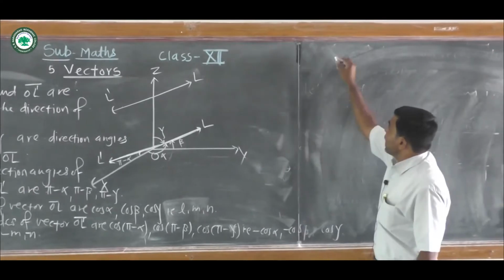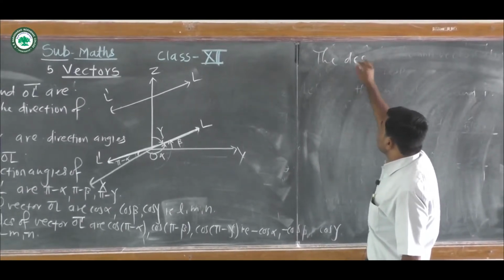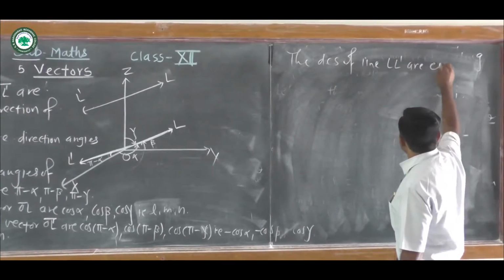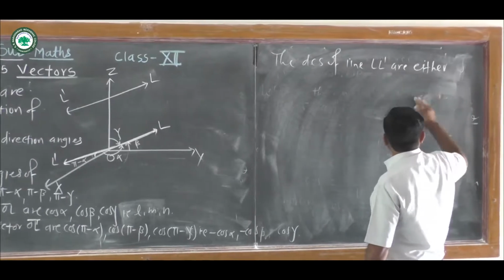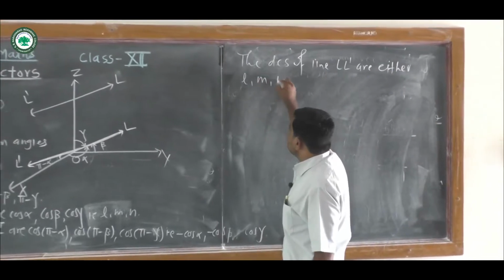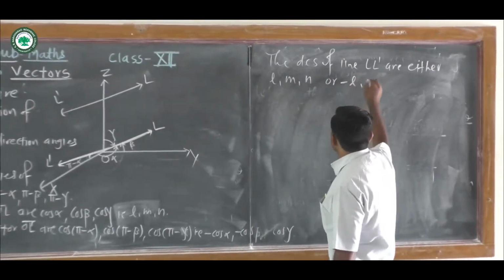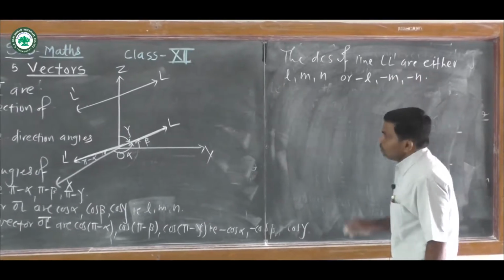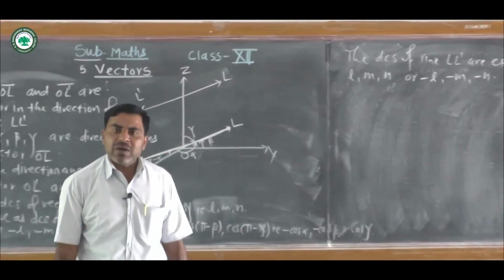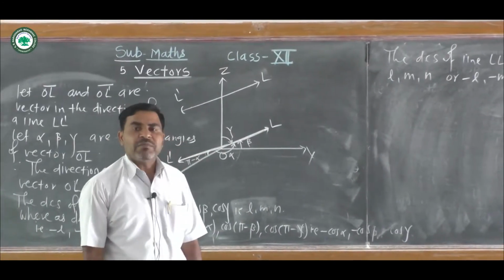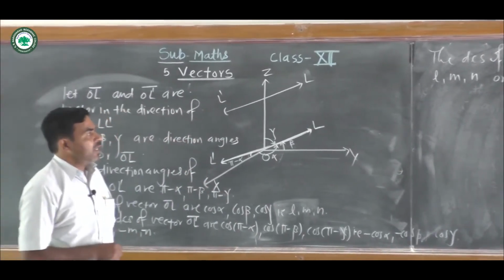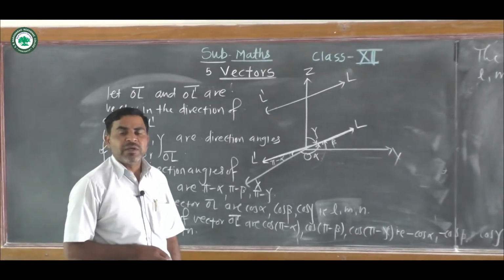So therefore the direction cosines of line L dash are either L, m, n or minus L, minus m, minus n. So any line in the space has direction cosines L, m, n or minus L, minus m, minus n. So this is everything about the direction cosines and direction ratios.